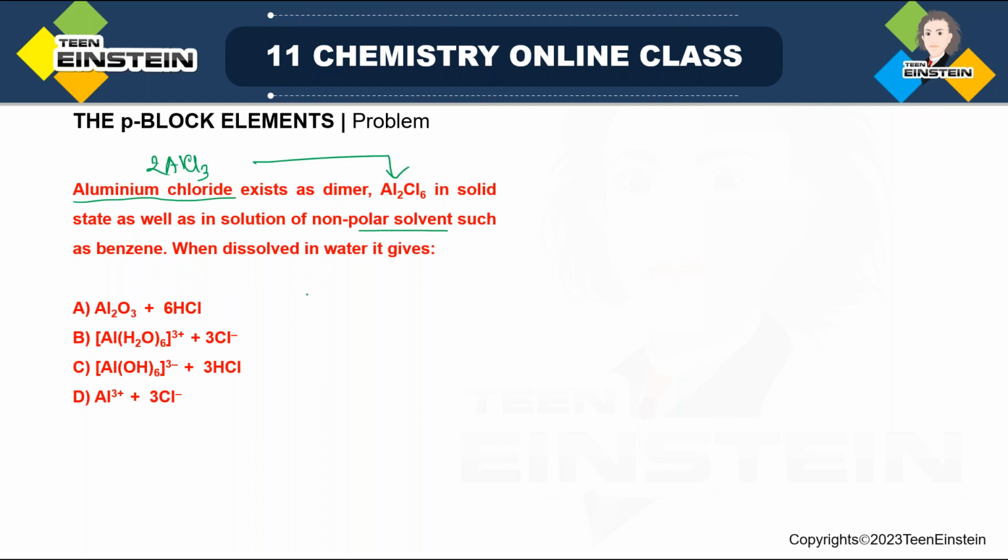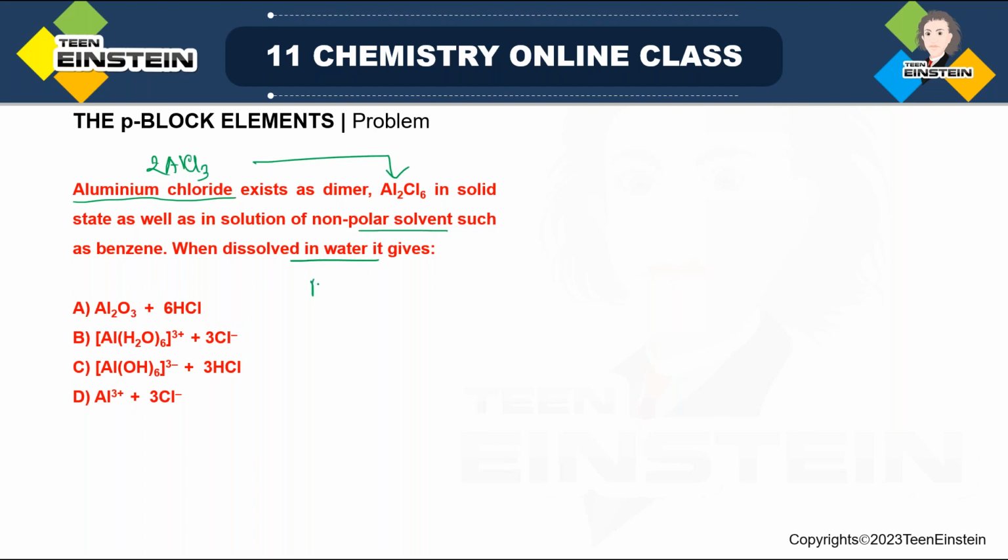And after that, the second statement is saying how it will behave in water. Because when it is in water, there will be some ionic nature change. So it will form some ions. So when it is in a simple solid state or in non-polar solvent like benzene, it is a dimer. But in water, what will happen? If you look at these options, in water, what will happen?